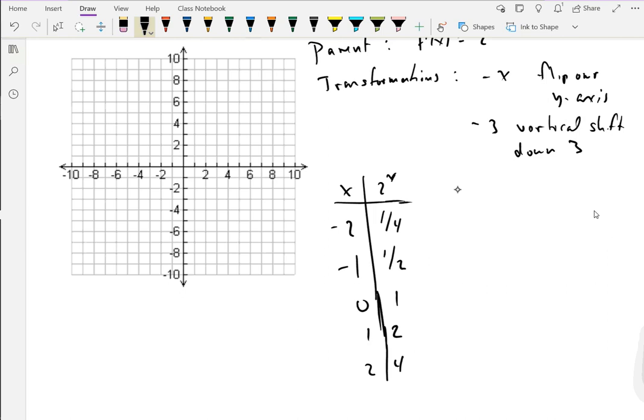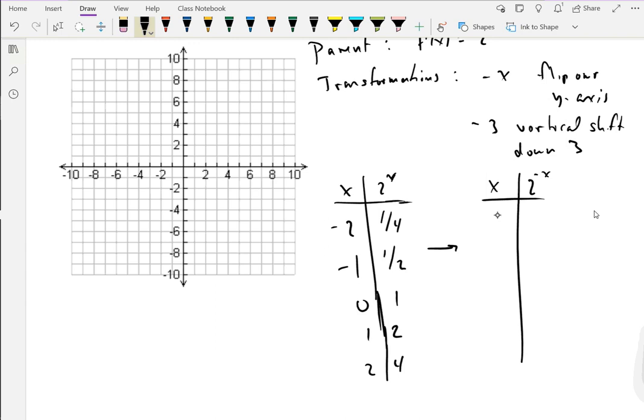Okay. So now let's go ahead and do a transformation. Let's do x, and let's do 2 to the negative x. What we're going to end up doing, if I take the opposite of my x value, this should be the flip over the y-axis.